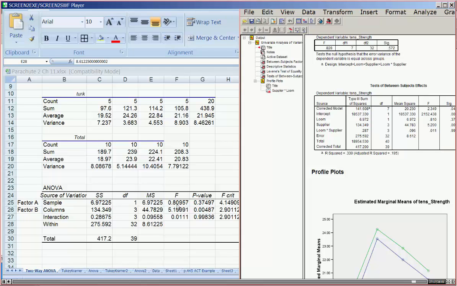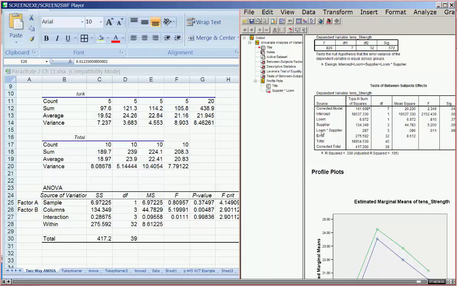F 0.809, 0.810 is pretty close. Okay, these are all good numbers. At least these two software packages agree on what they're doing with the data. That's very good.